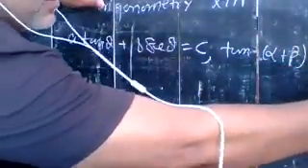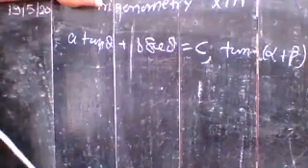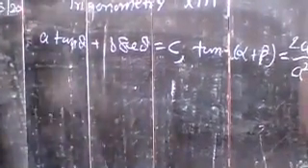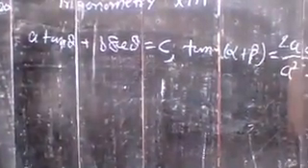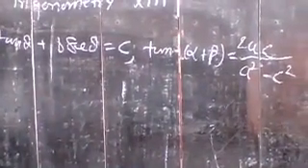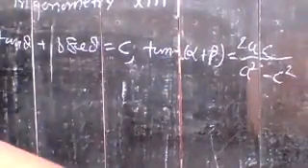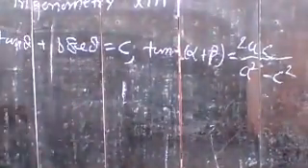You have to prove that result: tan(alpha plus beta) is equal to 2ac upon (a square minus c square).